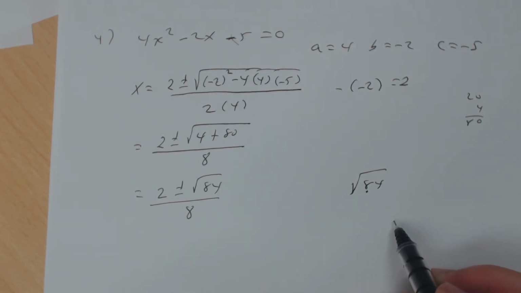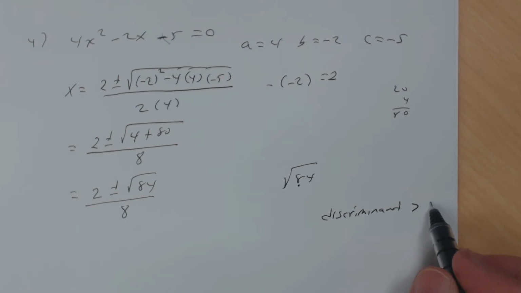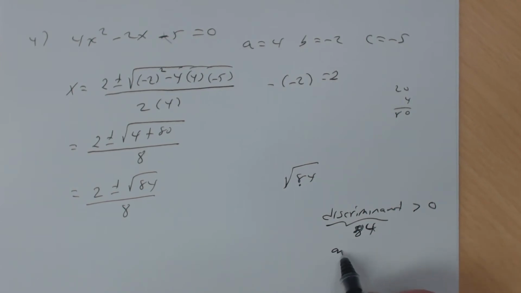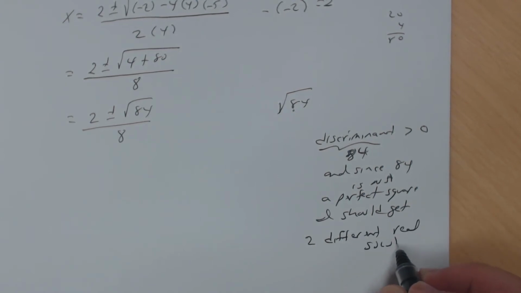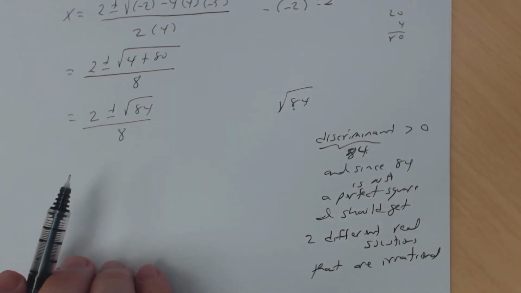In this case, your discriminant is 84, which is greater than 0, and since 84 is not a perfect square, I should get two distinct real solutions that are irrational. So in my answer, I'm going to get a square root.